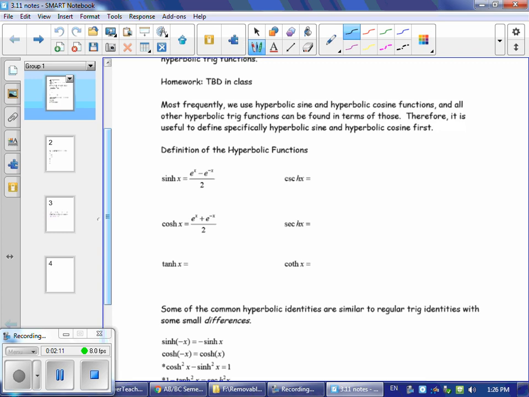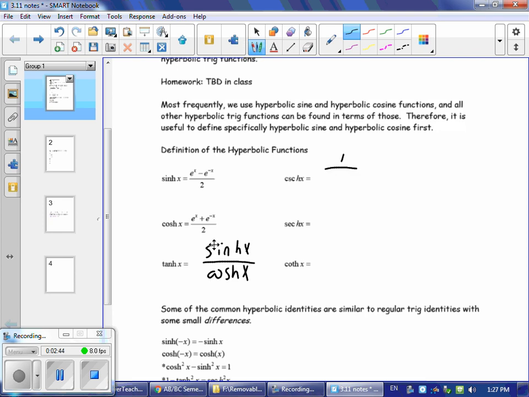In the easiest form, instead of trying to figure out all these things with their e's, tangent or tanh of x is still sine over cosine. So it's sinh over cosh of x. Cosecant is still the reciprocal of sine, secant is still the reciprocal of cosine, and cotangent is still the reciprocal of tangent.